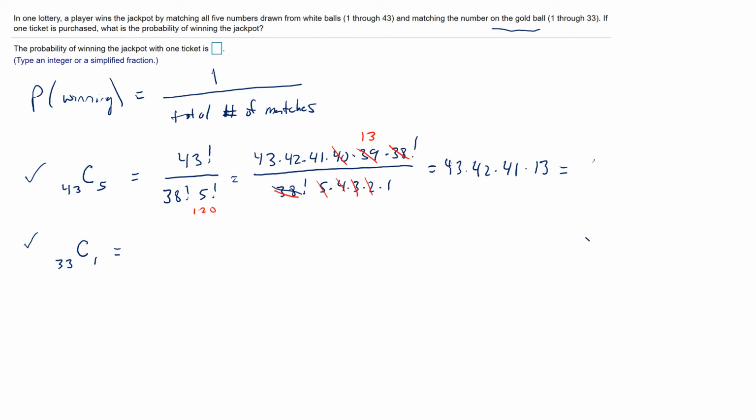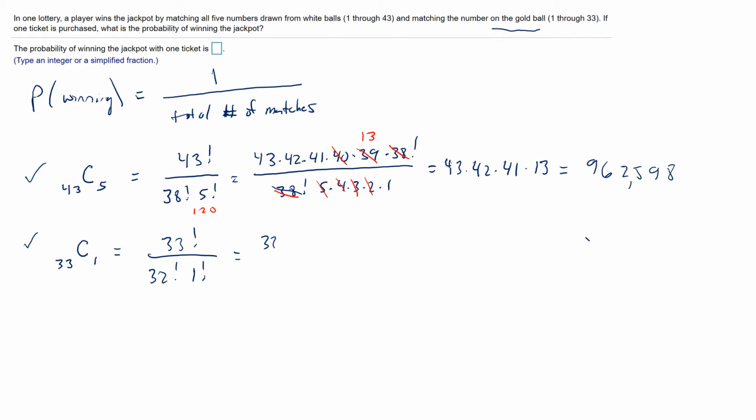With the help of my calculator, I got 962,598. Right, so there are 962,598 ways of choosing 5 numbers out of 43. On the next one, it's going to be 33 factorial over 32 factorial times 1 factorial.